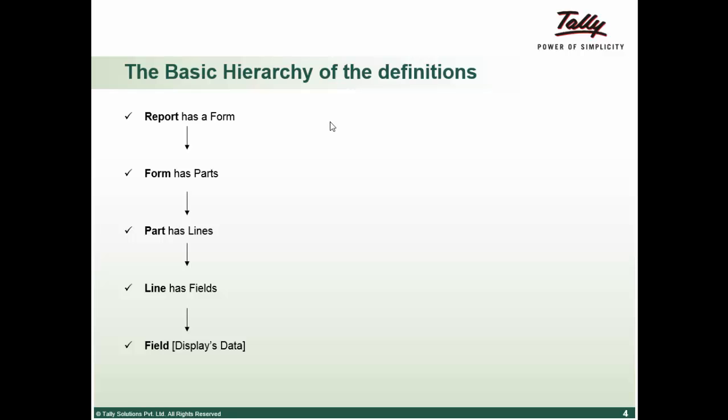Fields can further contain fields or can display the data, or you may enter the data. So the basic hierarchy of the definitions for the report is: report contains form, form contains parts, part contains lines, line contains fields, and field is where we display the data.